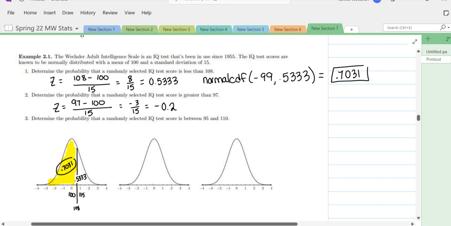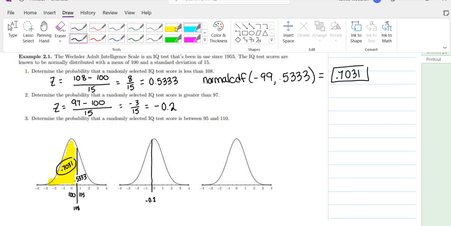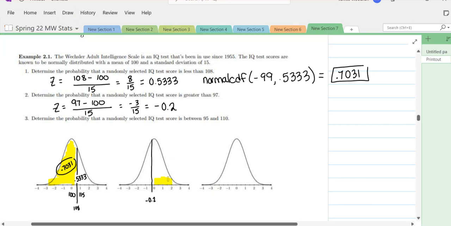So that is looking up right about here on my curve. And I want the probability that it is greater than that value, so I want it to go to the right. So slightly over 50%, since it's right next to 0. Let's look at that. I'm going to go normal CDF. My lower limit will be negative 0.2, my upper limit, positive 99.